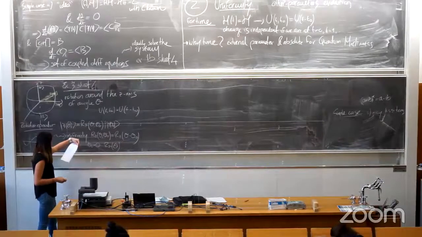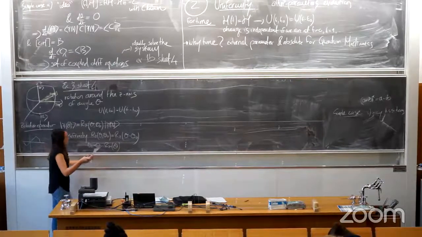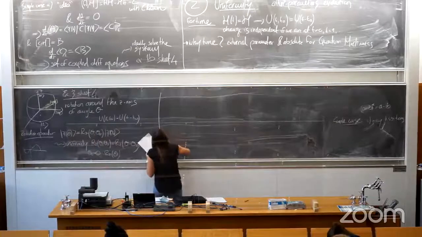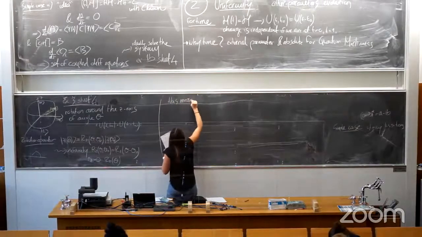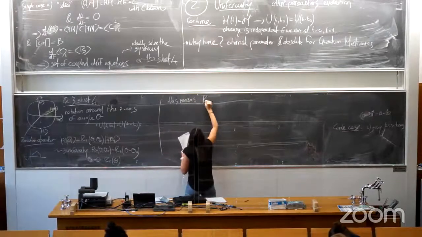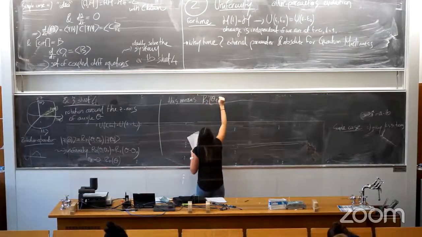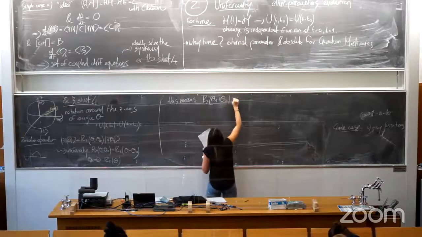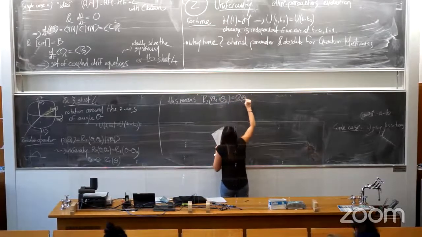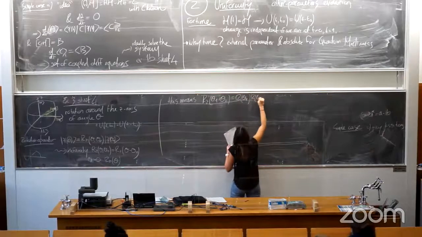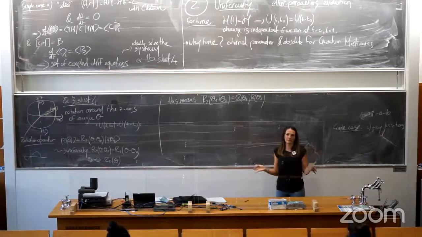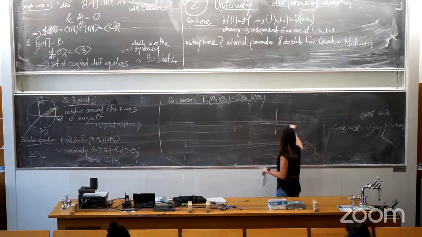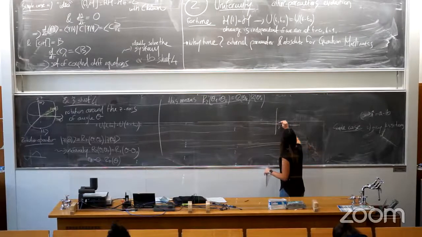And what does it mean? That two consecutive rotations are equivalent to a big rotation with the angle which is the sum of the two. If you imagine, I start here, and then I do theta 1, and then theta 2.